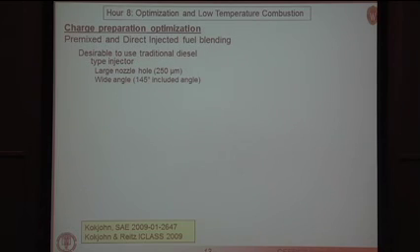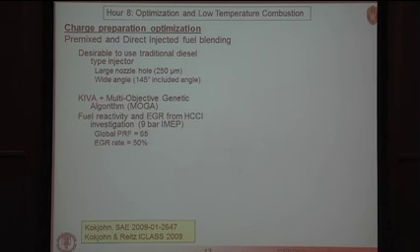So our idea then was, all right, we're going to have pre-mixed gasoline, and then we're going to directly inject diesel fuel. We're going to use a traditional diesel injector, and we're going to use the multi-objective genetic algorithms to see what we can do in terms of getting a reasonable fuel-air mixture distribution.